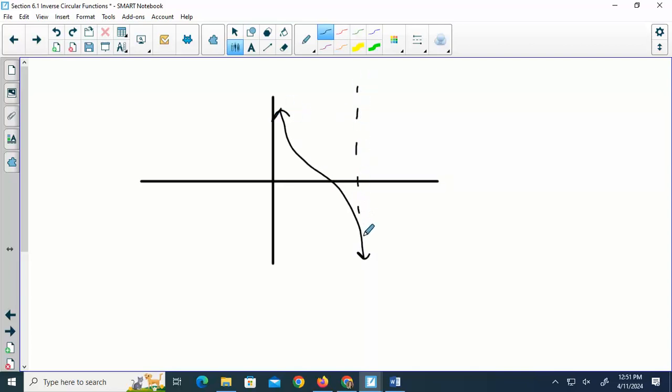Cotangent is flipped, it's increasing. Tangent is decreasing. Your graphs look sideways because it's inverses. We swap the x's and y's.